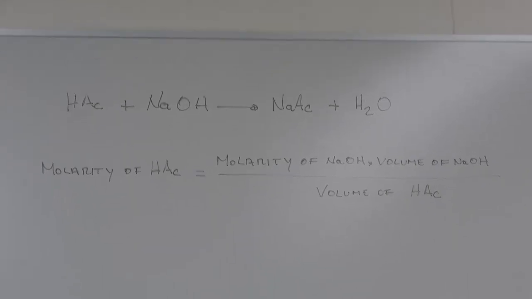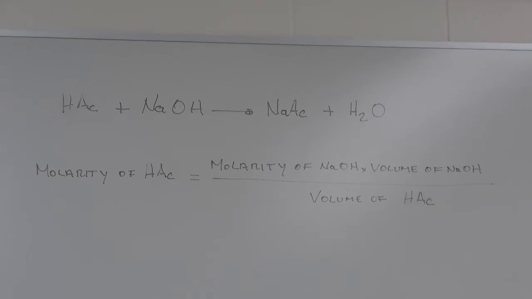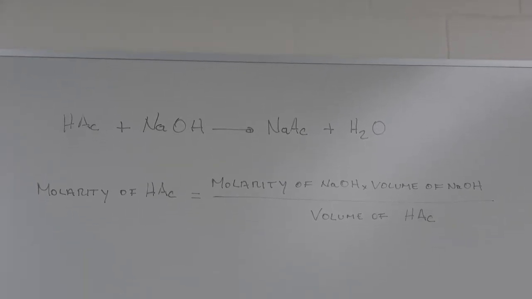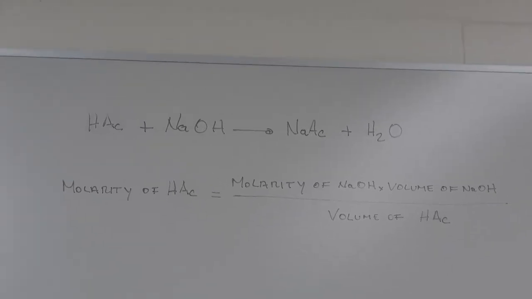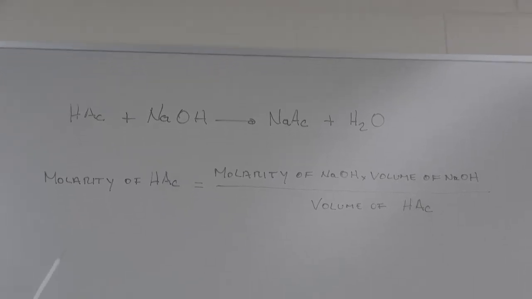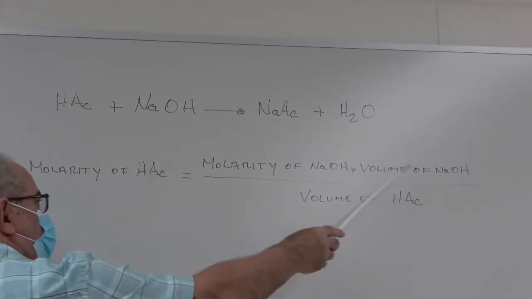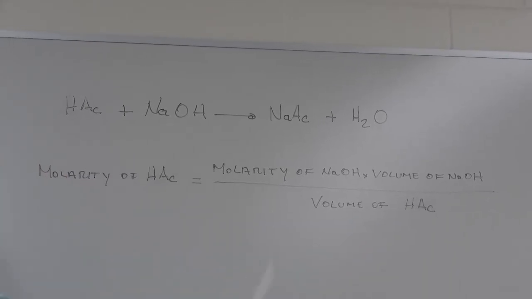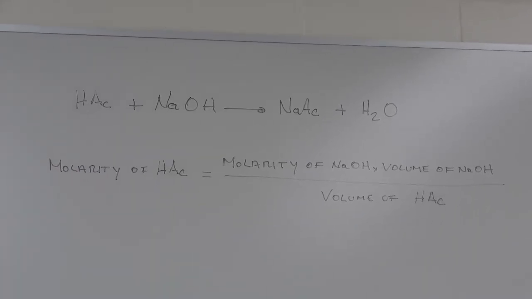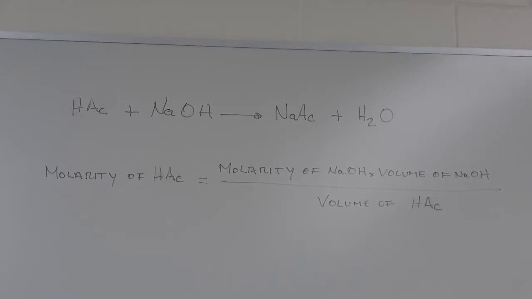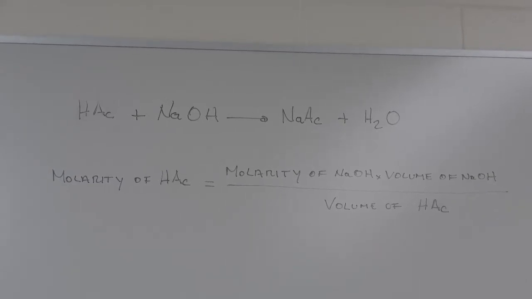So in this experiment, we're going to determine the molarity of the acetic acid sample as the molarity of the sodium hydroxide times the volume of sodium hydroxide divided by the volume of the acetic acid that we use.